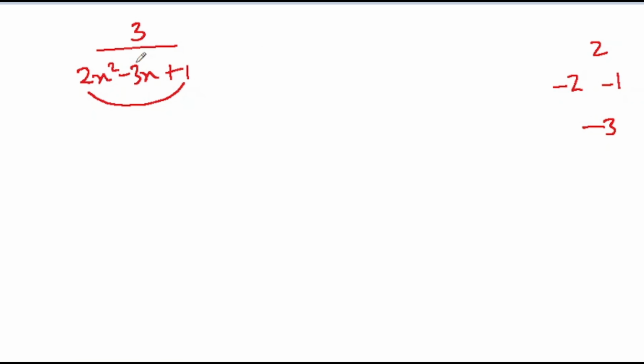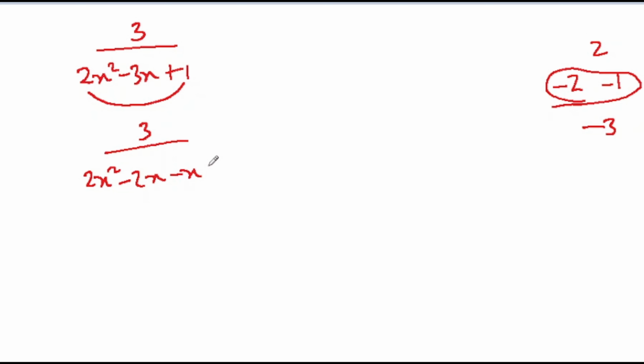So therefore, our denominator will now become, so the minus 3x will now be written as minus 2x minus x, as in the factors that we got here, plus 1. Okay, so the next step to take here is to find the highest common factor of the first two terms, 2x squared minus 2x.